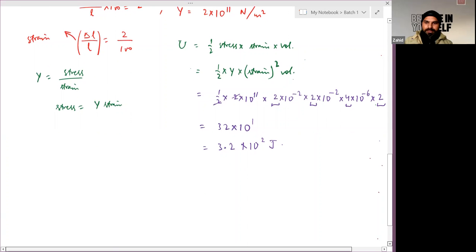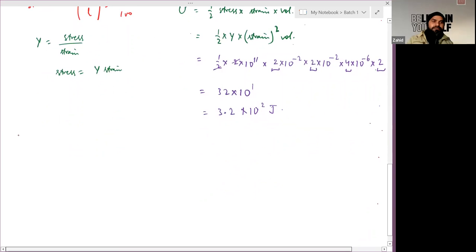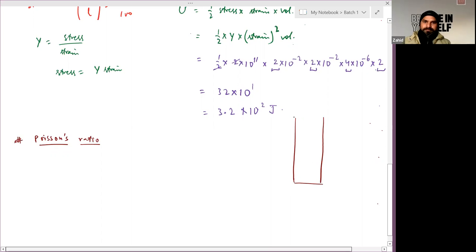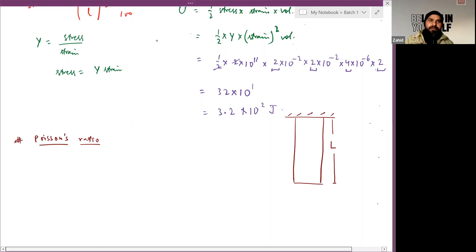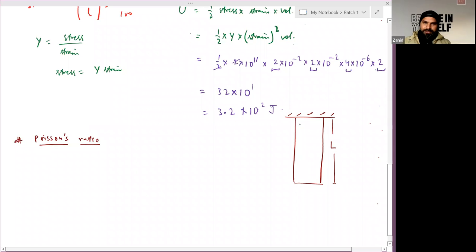Now, related to this part, let me define some more topics. One of the terms will be Poisson's ratio. Suppose you have a rod attached to a fixed support having initial length L. On applying a deforming force on extension, there will be a decrease in its width.